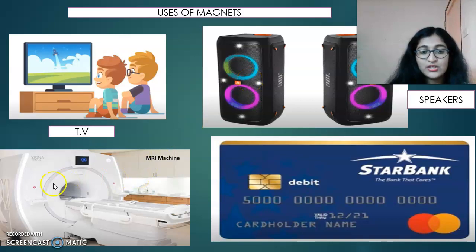And magnets are used in, do you see these machines? It's called an MRI machine. MRI machines in hospitals are used for looking at our bones and our tissues. So magnets are used in MRI machines.